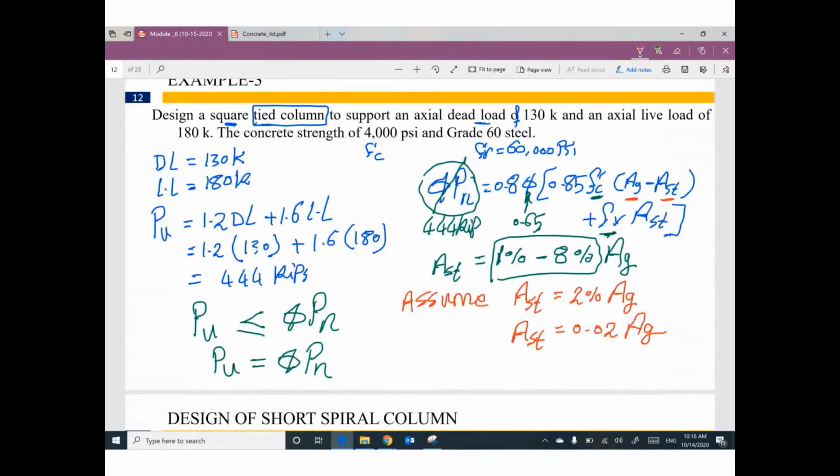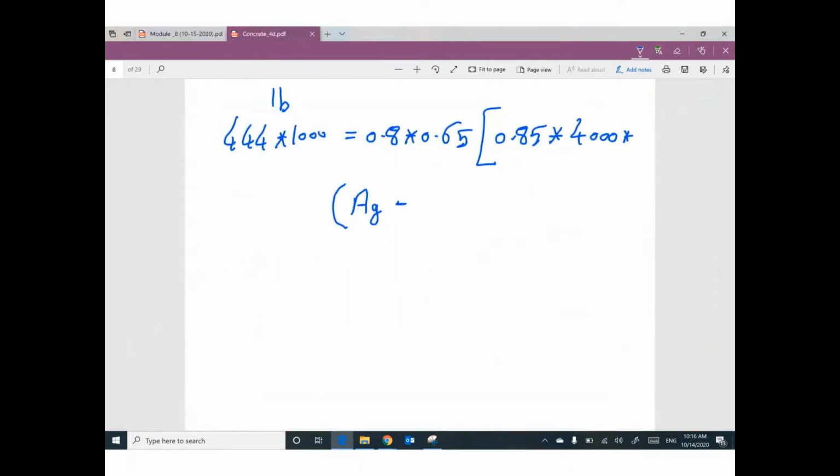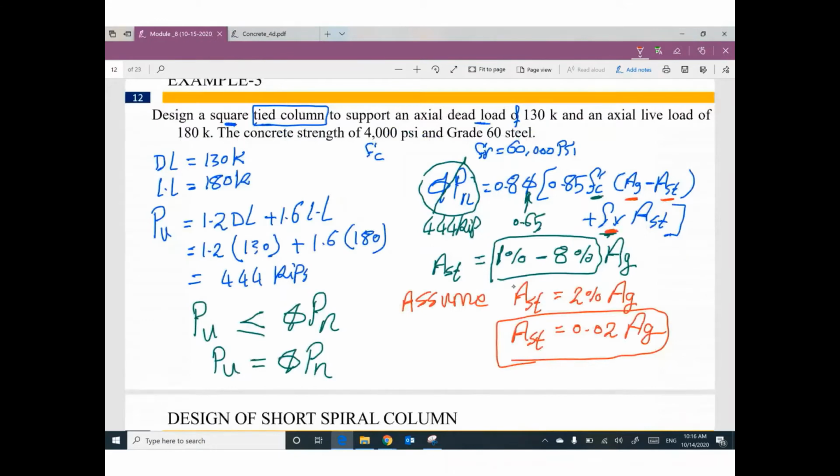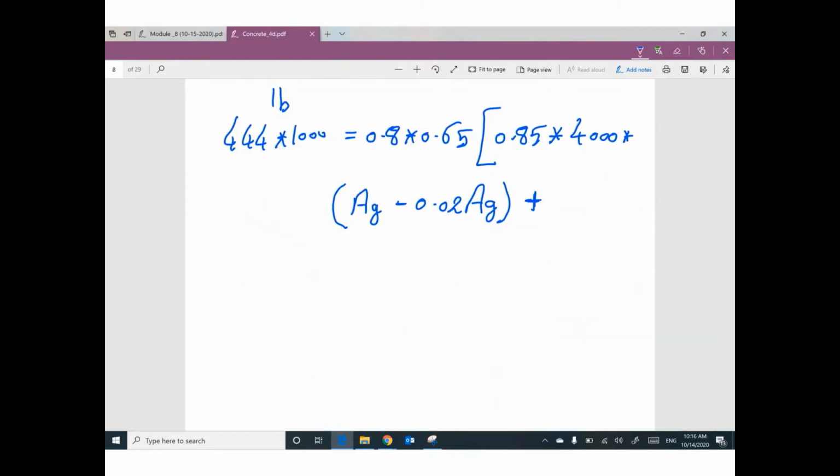What is the value of area steel right now based on your assumption? Equal to 0.02 area gross, plus what? fy 60,000 times area steel, which is 0.02 area gross. 60,000 times 0.02 area gross.